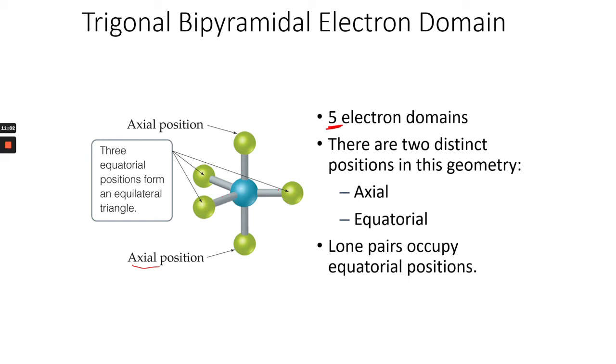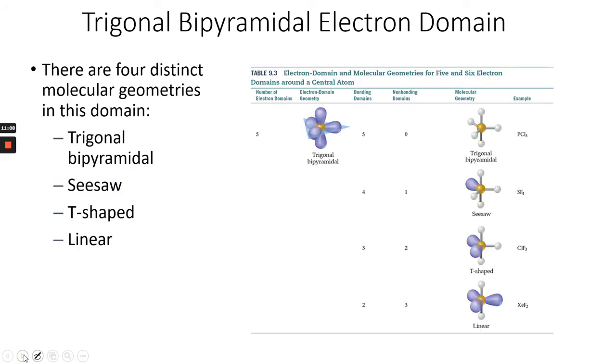If you have lone pairs, they will occupy this region first, your equatorial position. So again, this is when you have 5 domains, and you're going to have 4 shapes. If all of your domains are bonded, you'll have your trigonal bipyramidal, and that's what this is right here.